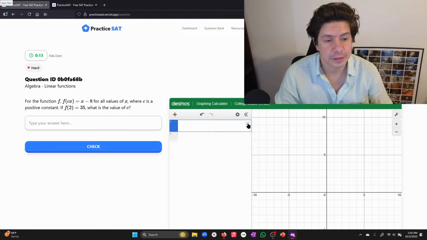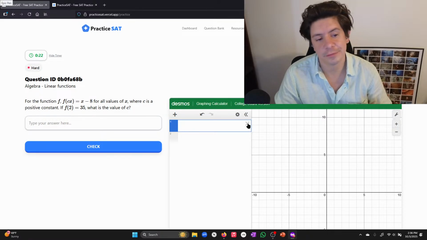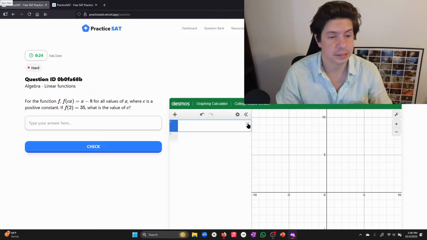f of c of x equals x minus 8 for all values of x, where c is a positive constant. If f of 2 equals 35, what is the value of c? Interesting.